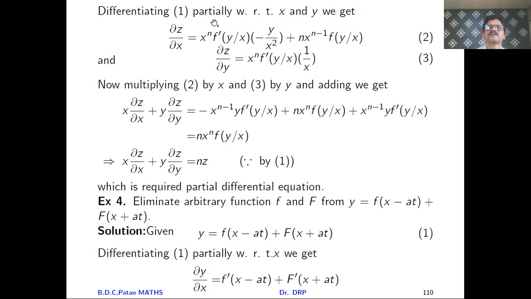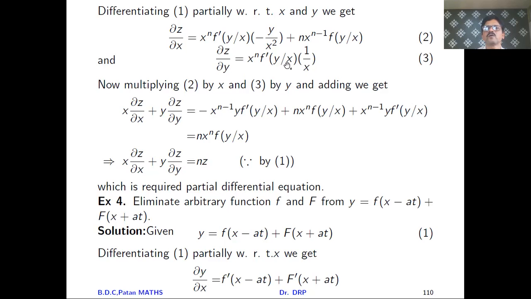And if we differentiate equation 1 partially with respect to y, on the LHS it gives del z by del y, and on the right side, while differentiating partially with respect to y, you keep x as constant. So x raised to n remains constant, into the derivative of f of y upon x with respect to y.